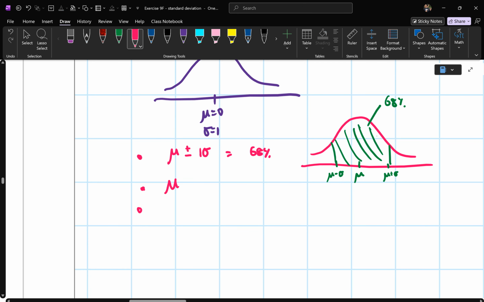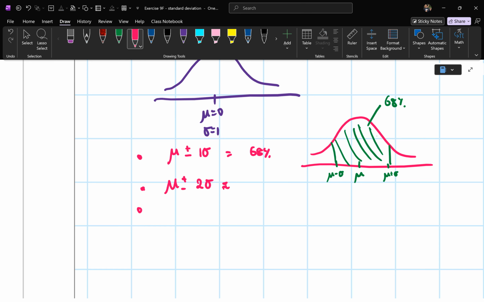Versus if you did mu, mean, plus or minus 2 standard deviations, it's approximately 95% of the data. And then finally, the last scenario, if you add 3 standard deviations, it's approximately 99.7%.